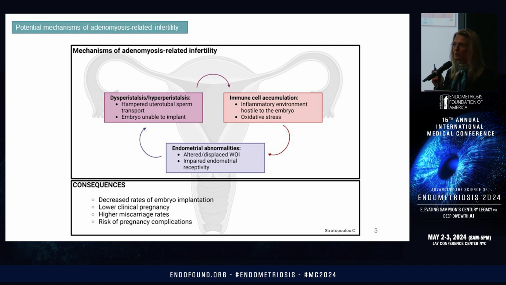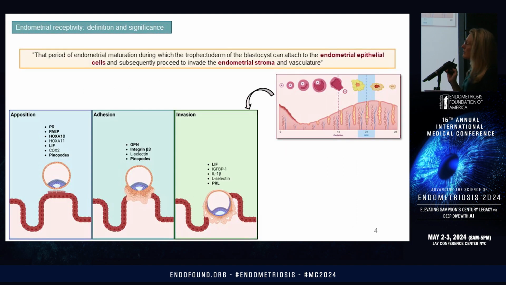So, going back to the definition of endometrial receptivity. It is defined as that period of endometrial maturation during which the trophectoderm of the blastocyst can attach to the endometrial epithelial cells and subsequently proceed to invade the endometrial stroma and vasculature.